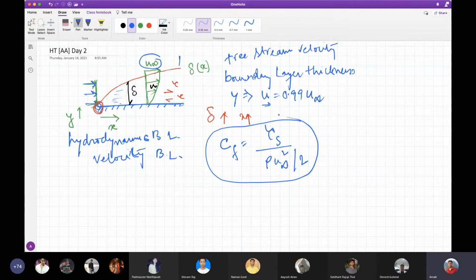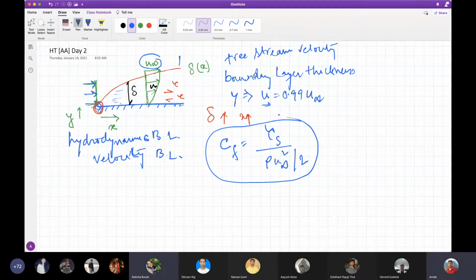Now, if we consider the fluid to be Newtonian, what does that mean? Siddhant? Incompressible fluid? No, not incompressible. I'm talking about Newtonian fluid. Newton's law of viscosity. And what is that?